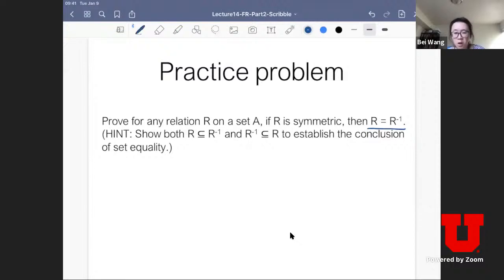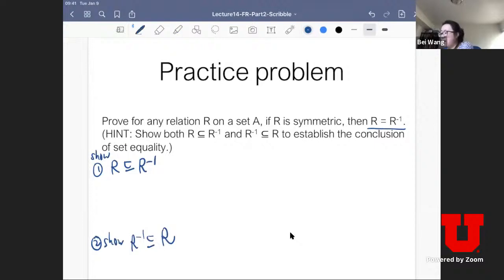So in order to show that those two relations are equal, we want to show, number one, the left-hand side is a subset of the right-hand side, and number two, the right-hand side is a subset of the left-hand side. But before we do that, let's recall the definition of an inverse.